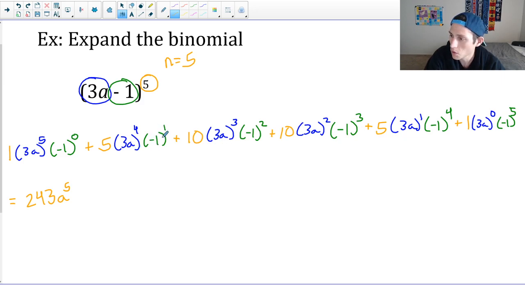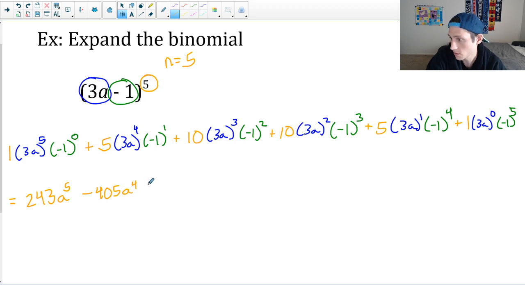We have negative 1 to the 1st power here, so I know that this term is going to be negative. We have a 5. We have 3 to the 4th, which is 81. So 81 times 5 is 405.